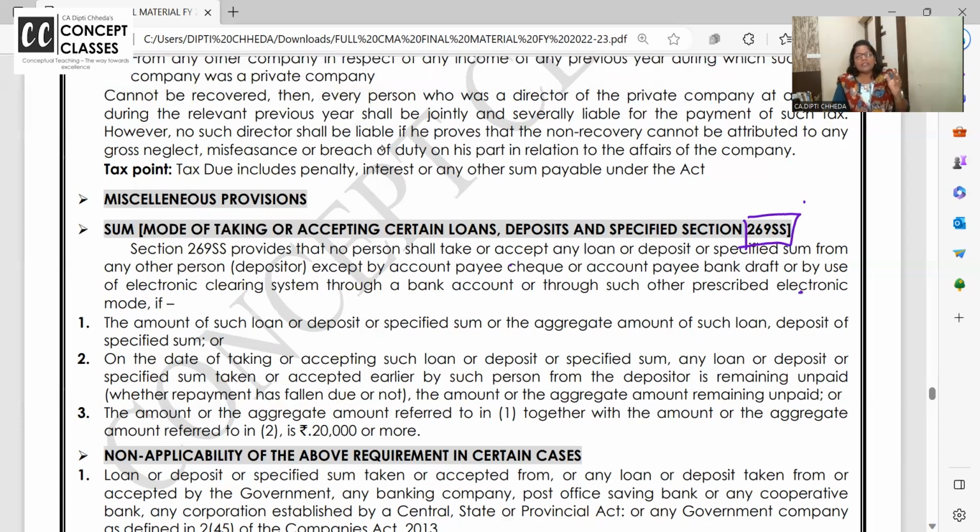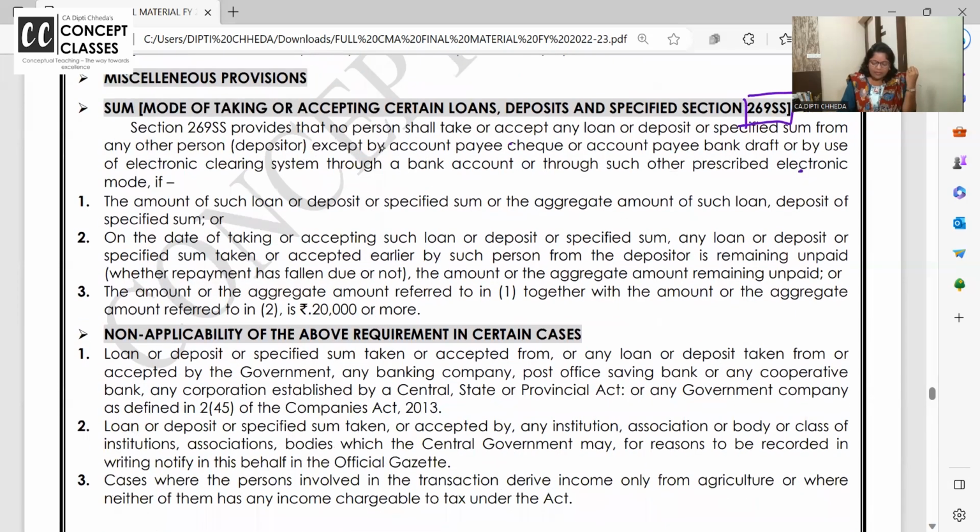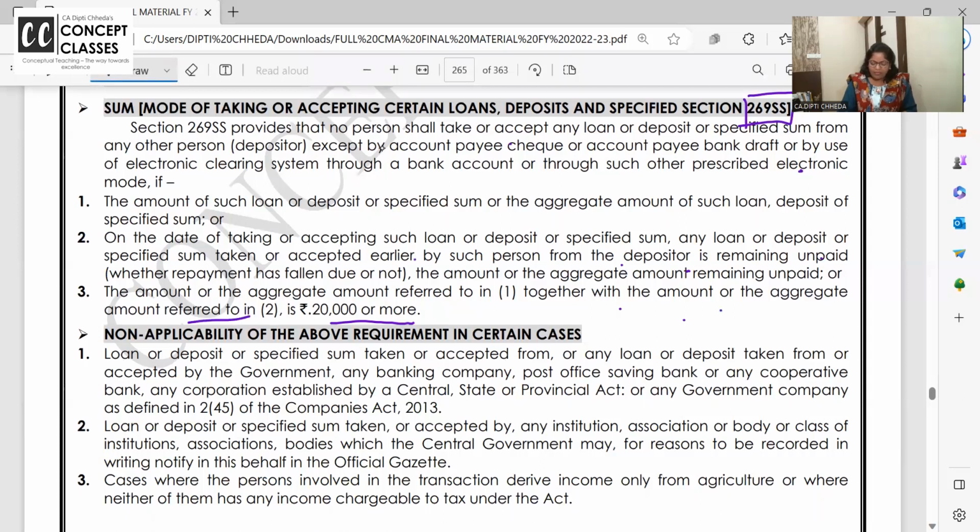Other than that, so many electronic modes are available nowadays, you should not do the transaction in cash. What is that transaction? The amount of loan or deposit, or the aggregate of loans or deposits on the date of taking the loan, along with the earlier ones, should not be 20,000 or more.